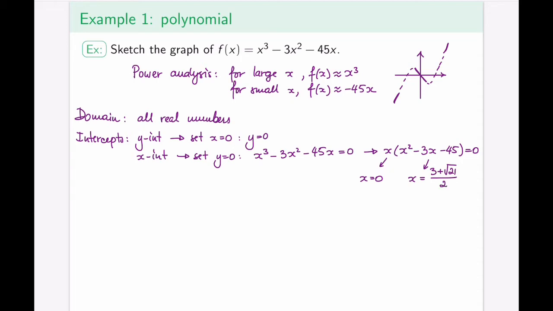And so this is actually, let's say, approximately, because we would like to sketch them, minus 5.4 and 8.4. Okay, and this is given to us via quadratic formula. So not something that we're going to be able to just find out using nice integers being factored out into the quadratic form.